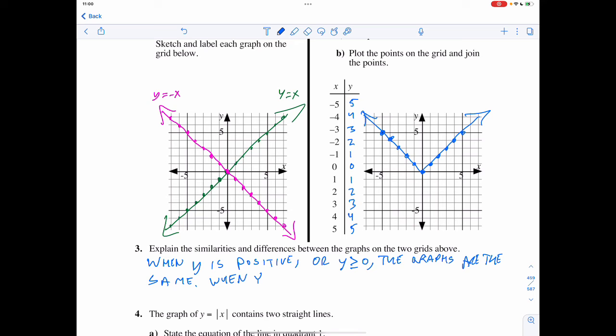When y is negative, there is no absolute value graph.